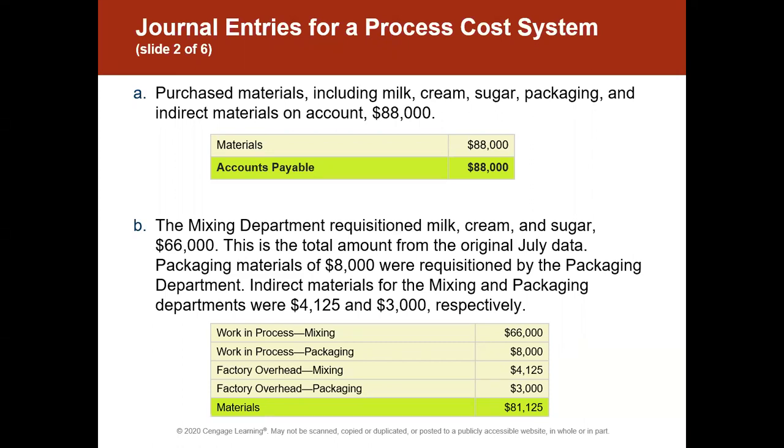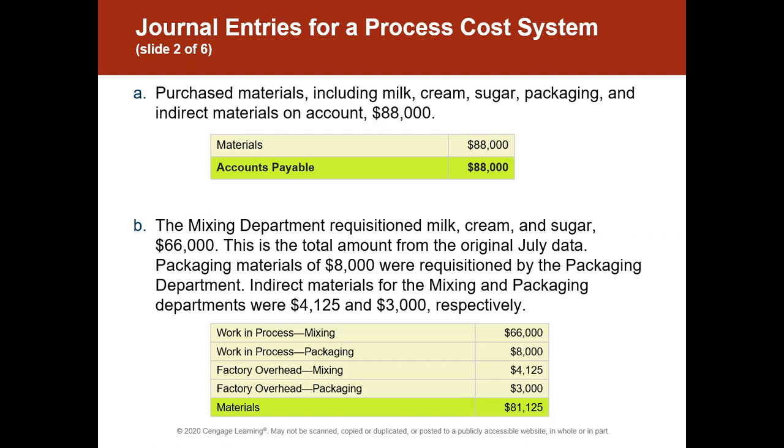Then when the mixing department requisitions milk and sugar, 66,000, we'll debit work in process for mixing. Packaging is going to requisition $8,000 in materials, so we'll debit that. And then indirect materials, we debit those, and then we credit the materials account.